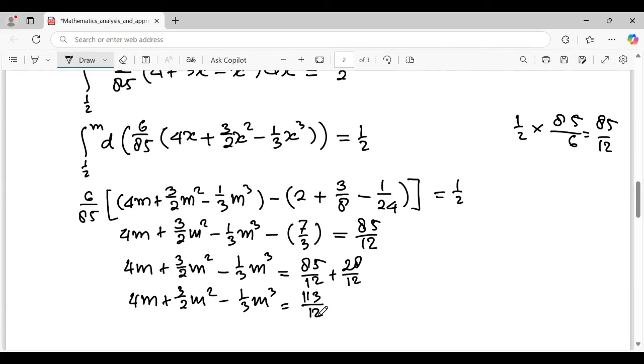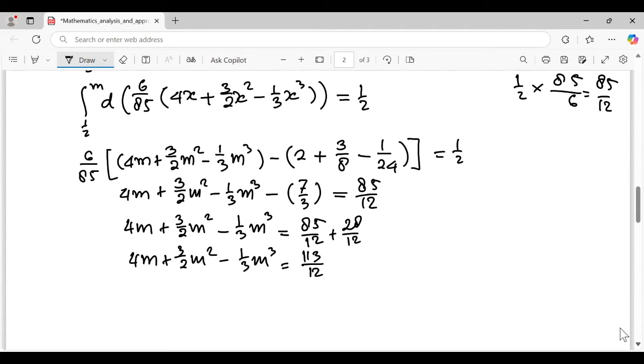113 over 12. Okay, through a graphical or numerical method, I have found m, the roots of this equation.